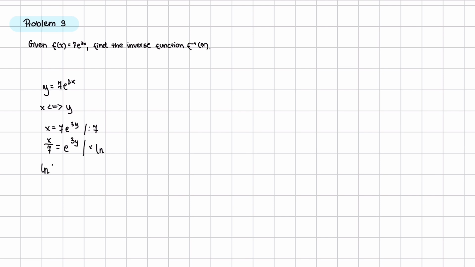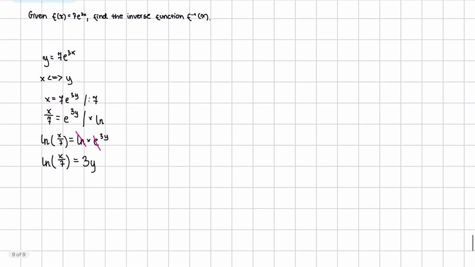Natural logarithm, in bracket we have x over 7. And on the right side we have natural logarithm of e to the power of 3y, and it will cancel out. So we have 3y, and to have only y we have to divide both sides by 3.